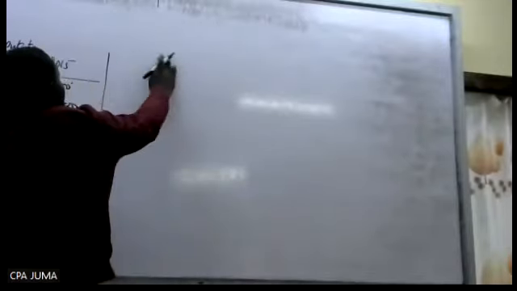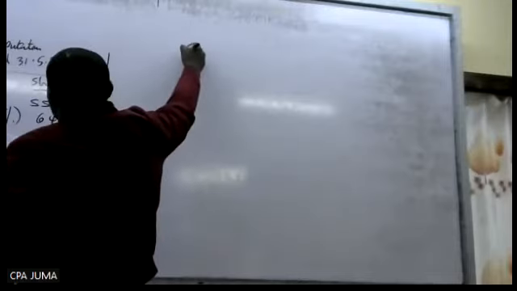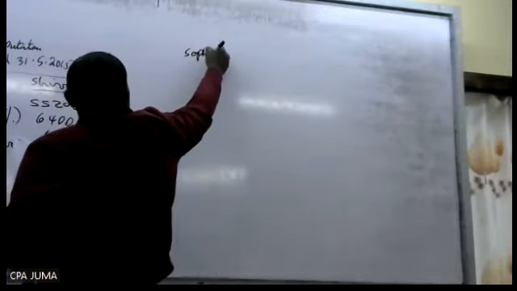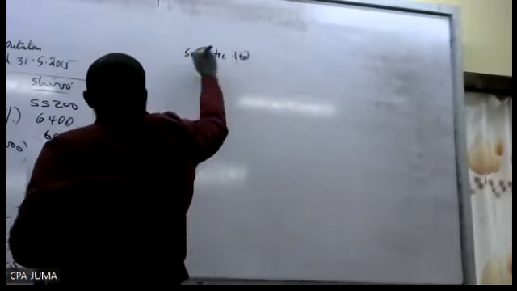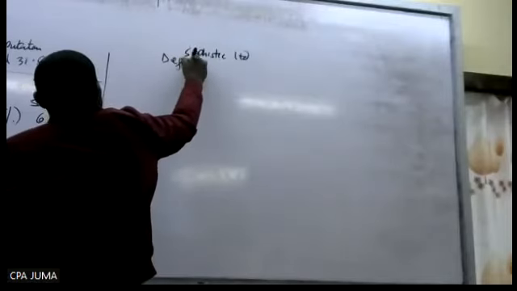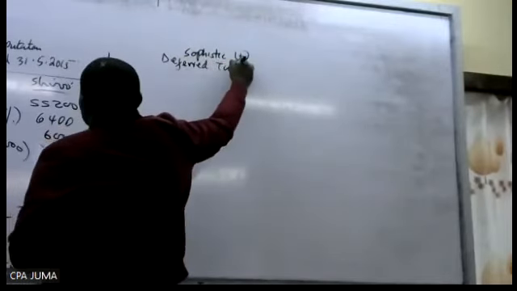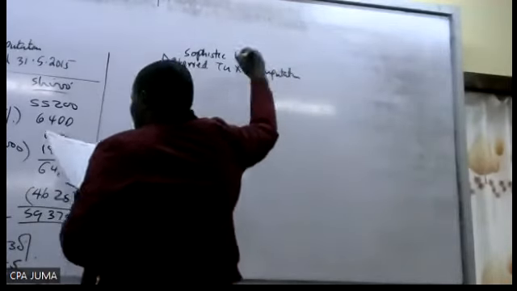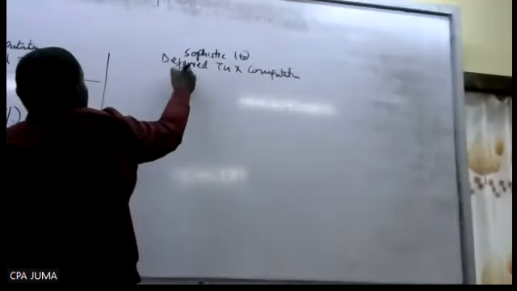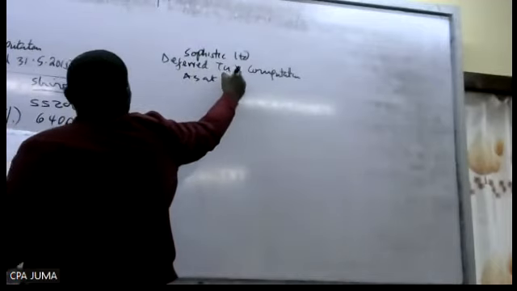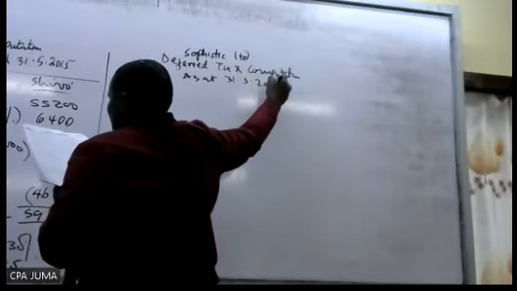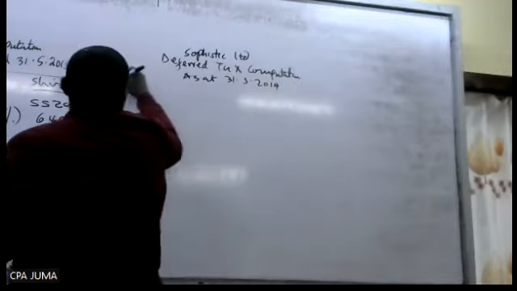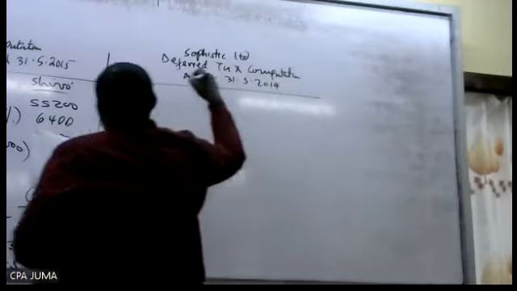So, Sophistic Limited, deferred tax computation as at 31st May 2014. They want it in 2014.